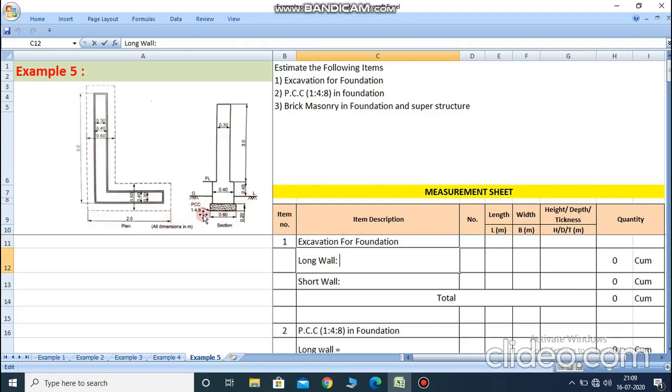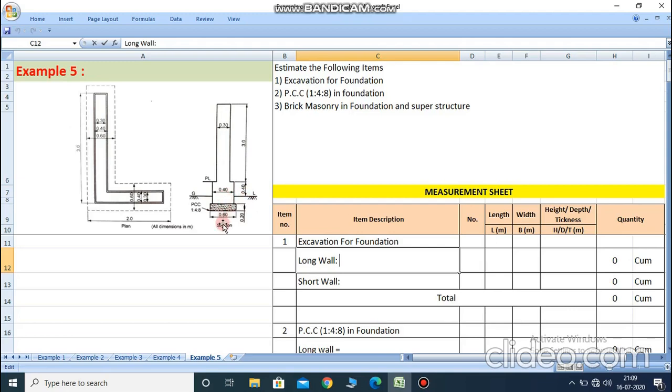The cross section of the wall is given. So here 0.3 meter wall thickness is given, 3 meter height is given, 0.4 meter plus 0.2 meter, so total 0.6 meter height is given for a 0.4 meter width of the wall for a foundation work.